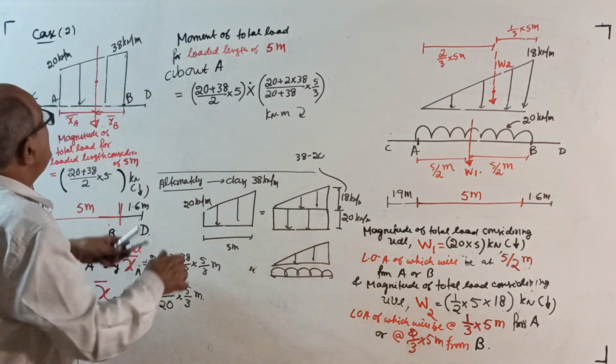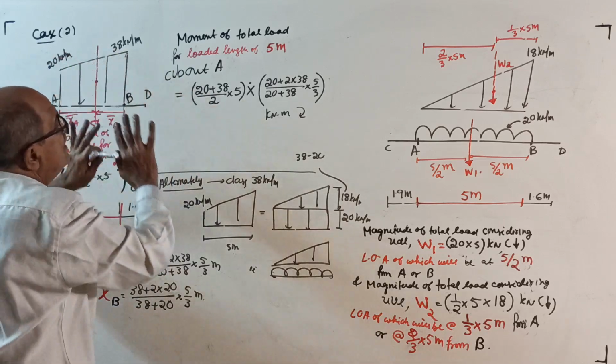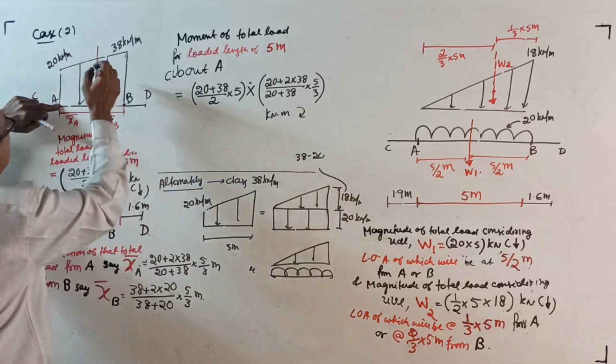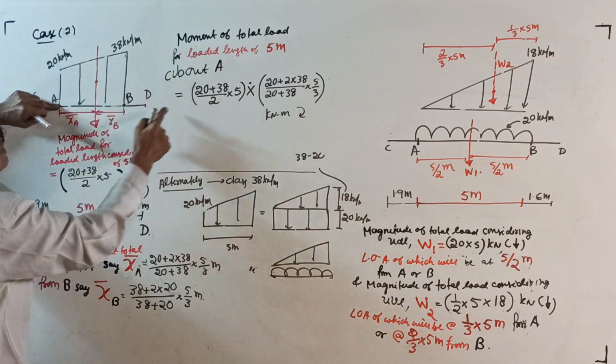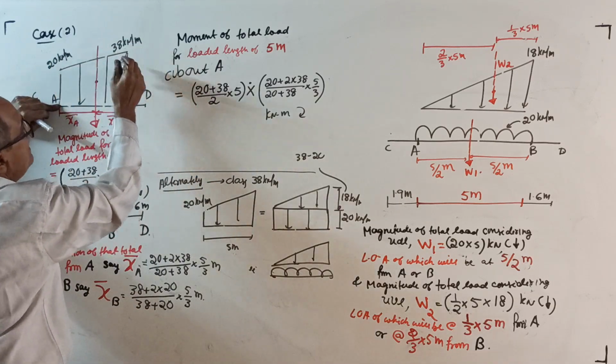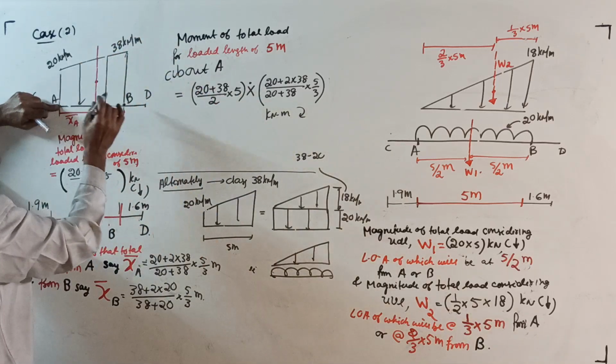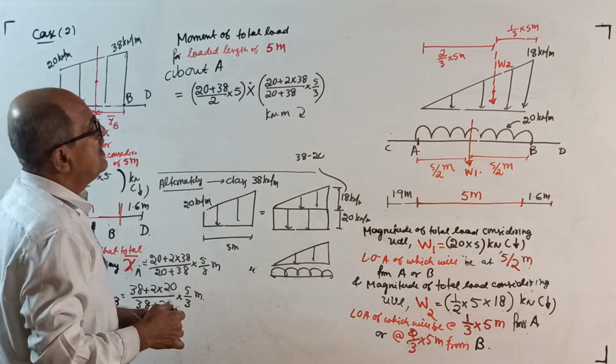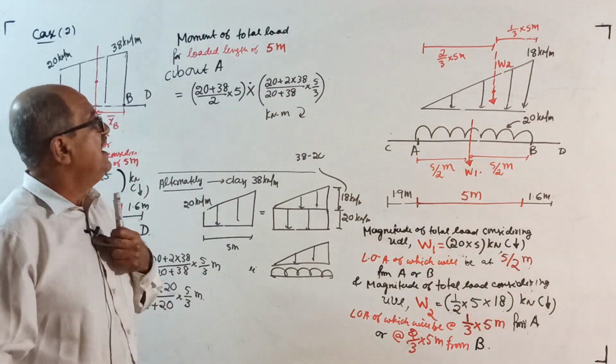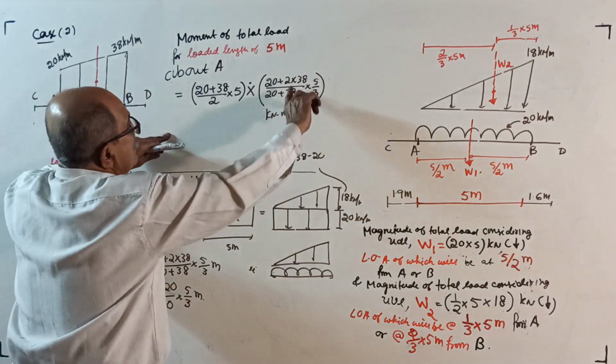Now, moment of this total load about A. See, first the total load: (20 plus 38) divided by 2 into 5 is the total load, into this distance, which is (20 plus twice of 38) divided by (20 plus 38) into 5 by 3, kilonewton meter, clockwise.